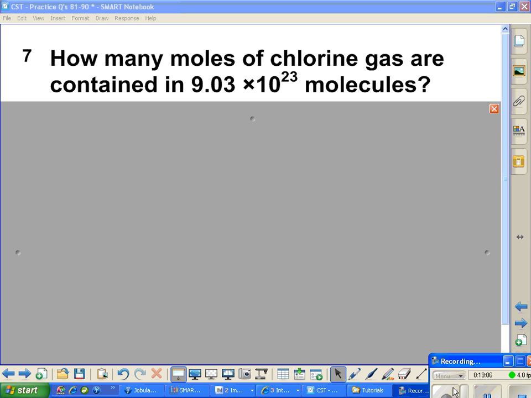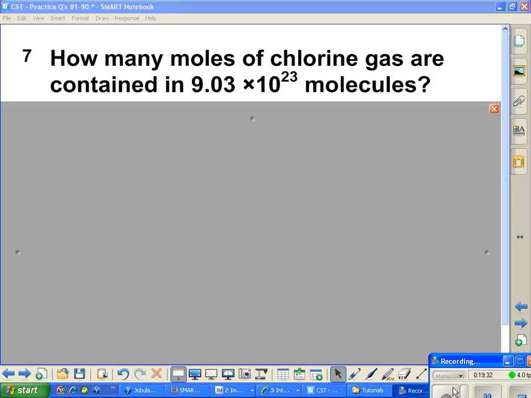In this question, they are asking you moles of chlorine. Now remember, NOH on 17. That's nitrogen, oxygen, or hydrogen. And everybody in column 17, which is fluorine, chlorine, bromine, iodine, all these guys are diatomic molecules, so we have to be careful of that.